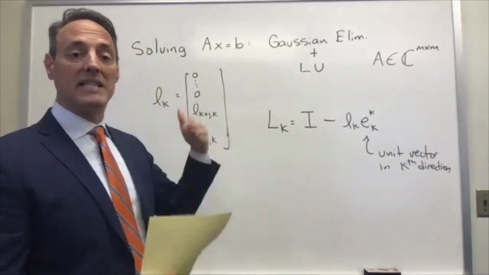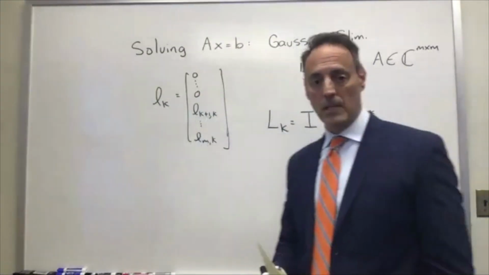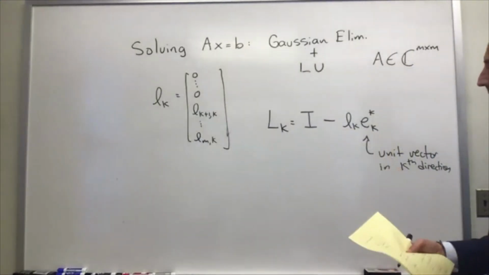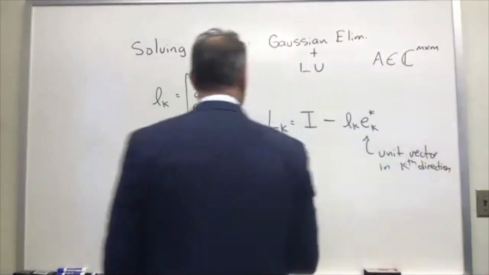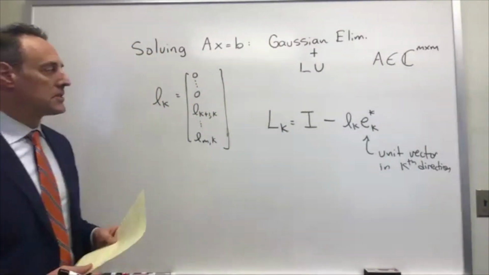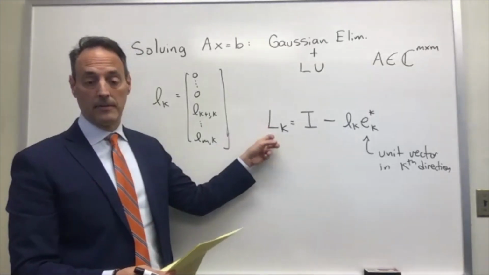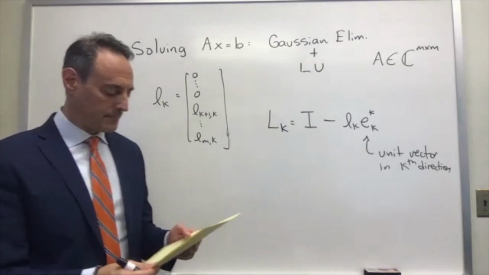And so what we're going to do is that's going to allow us to zero out everything below the diagonal in a principled way. Okay? So that's what the L_K looks like. And that's what we want to use for computing this LU decomposition, because the LU is going to be a bunch of these together.